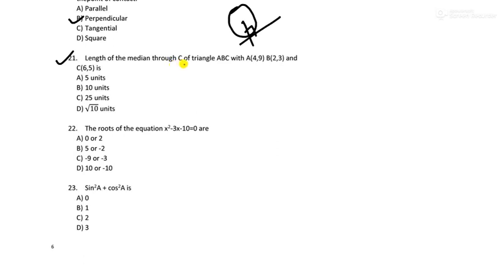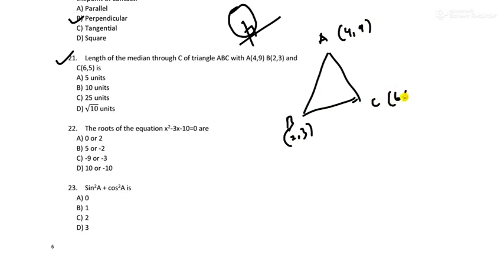The length of the median through C of triangle ABC, with A, B and C, is dash. So if I write it here, this is A, B and this is C. They have given it as 4 comma 9, 2 comma 3 and this is 6 comma 5.